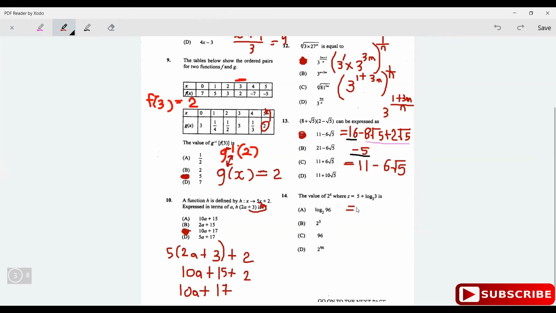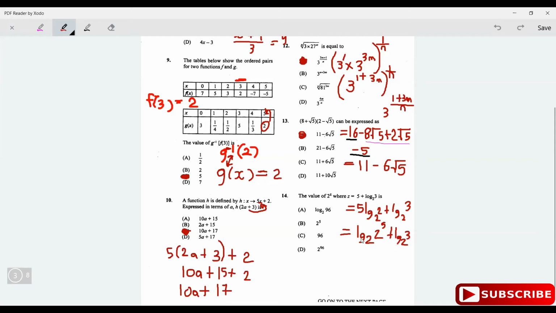This is just how I would do it. There are many ways you could. I'm going to rewrite 5 as 5 log base 2 of 2, plus log base 2 of 3. And now, by laws of logarithm, I can carry up the power. Carrying up the power, I get log base 2 of 2 to the 5th plus log base 2 of 3.